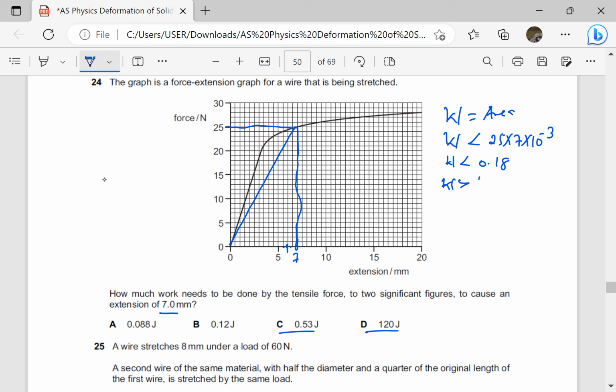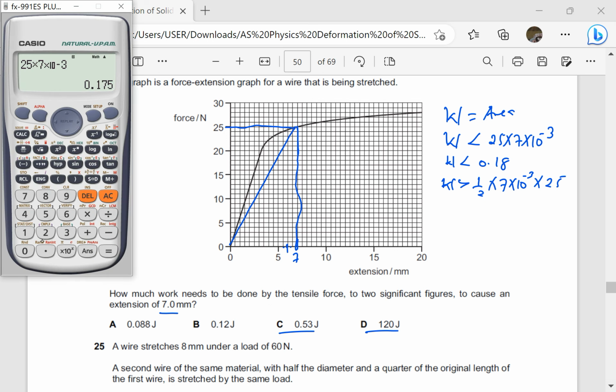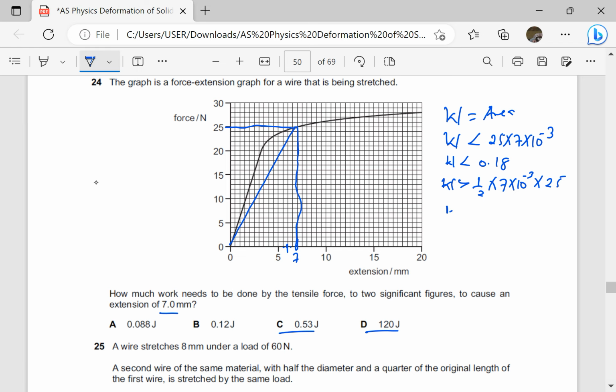The work done should be greater than a half times the base, which is 7 times 10 to the power negative 3, times the height, which is 25. That is the area of a triangle. So 0.5 times 7 times 10 to the power negative 3 times 25. So the work done should be greater than 0.088.